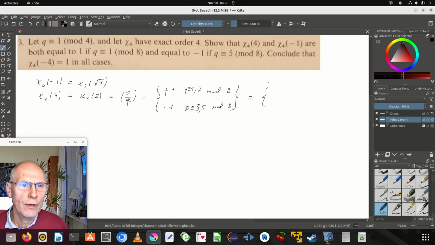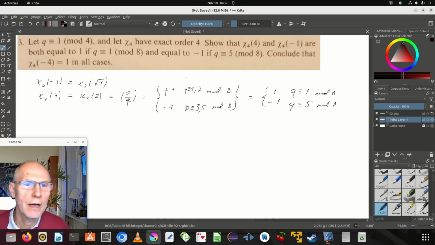So if it's 1 modulo 8, then it's plus 1, and if it's 5 modulo 8, it's minus 1. I believe that was what we should show about chi 4 of 4. And then chi 4 of minus 1.